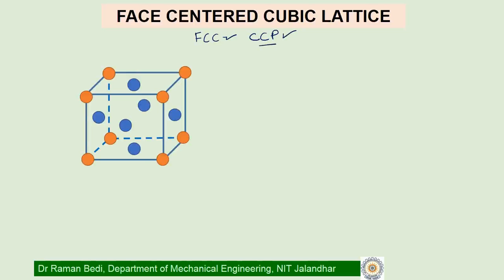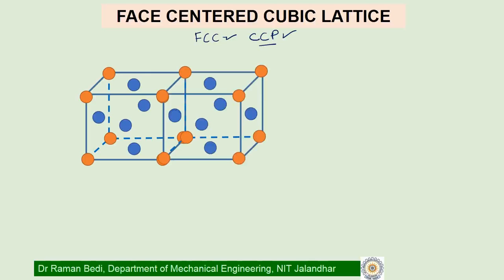If you take this FCC conventional unit cell, and if I add one more unit cell here just for ease of understanding, and we try to create a smaller unit cell in it, we find that it looks similar to what you have seen in your previous slide, where we said it was tetragonal P.